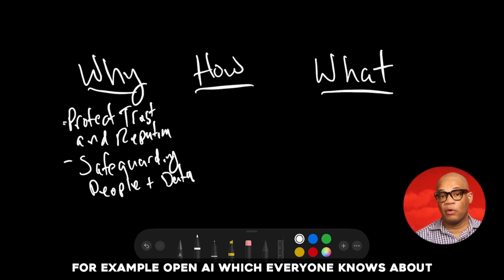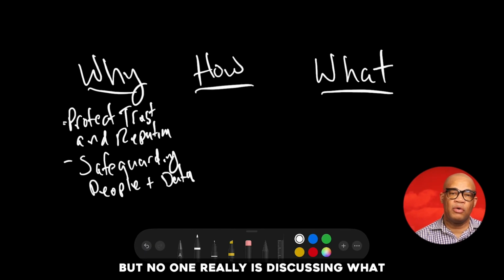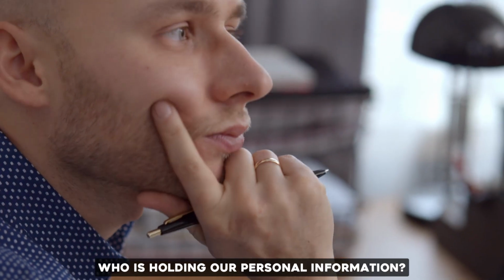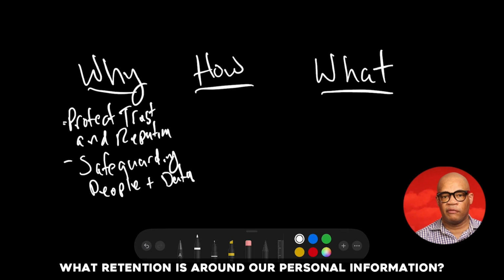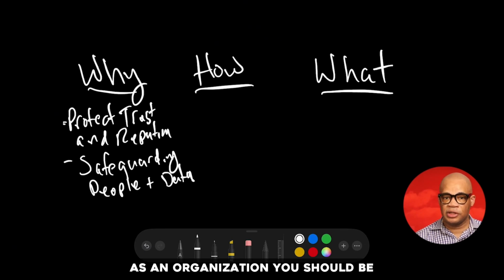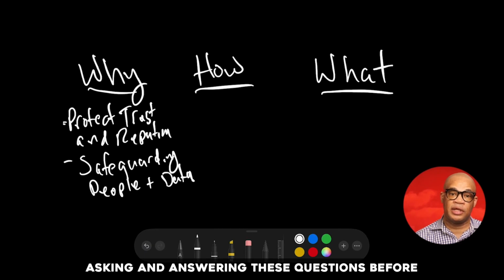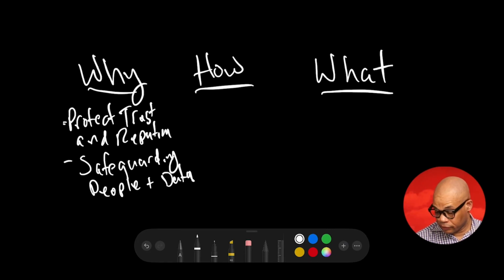For example, OpenAI, which everyone knows about ChatGPT, and we use it probably every day now, but no one really is discussing what is happening to all of our personal information, who is holding our personal information, what retention is around our personal information. As an organization, you should be asking and answering these questions before you deploy AI inside of your organization and enterprise.